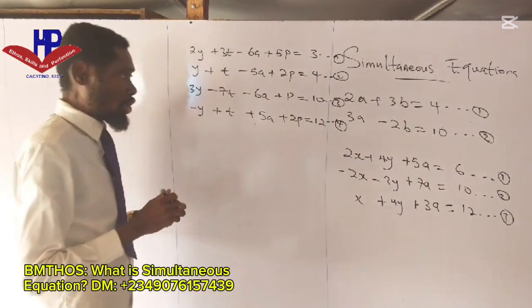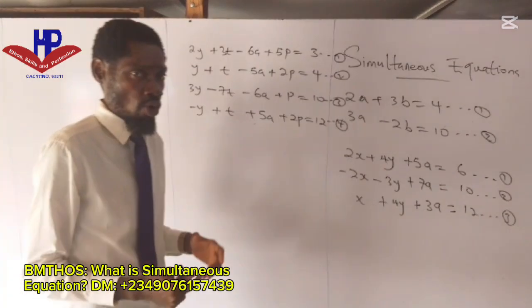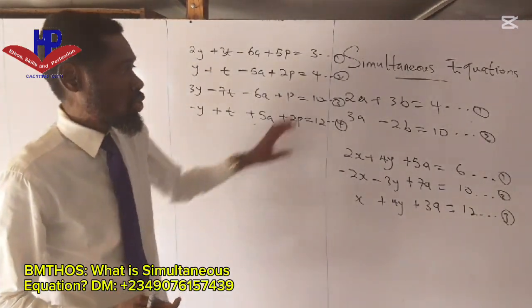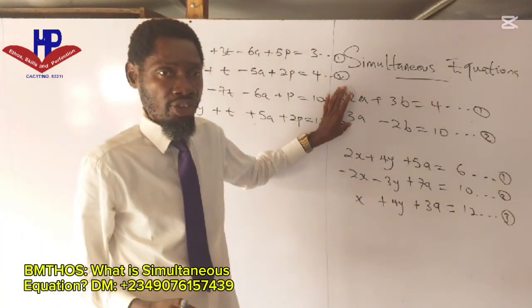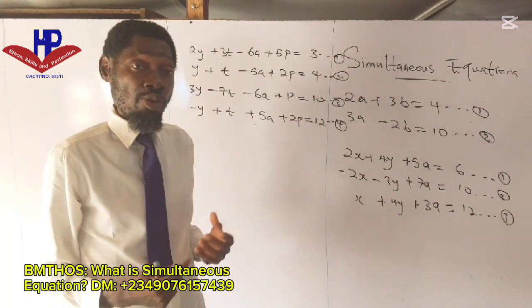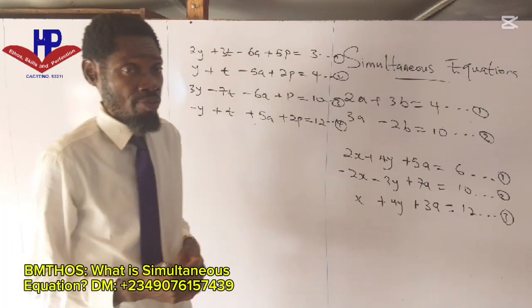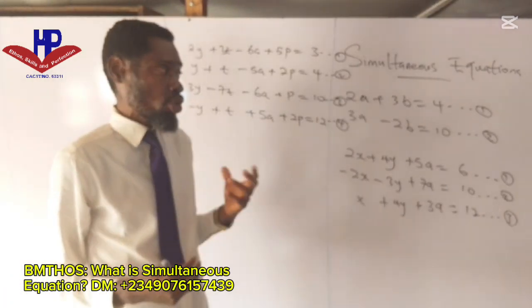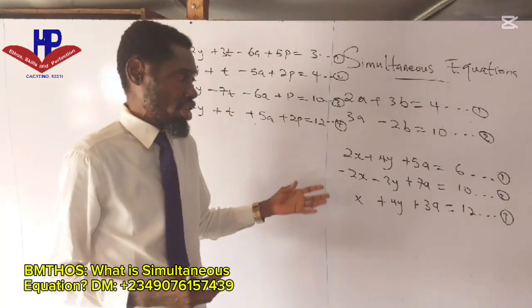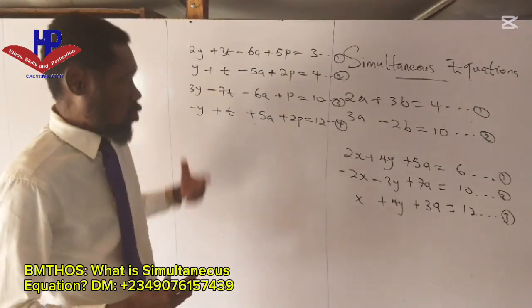So if you have the notion that simultaneous equations will always be two equations, please erase that notion right now, because simultaneous equations can be 2, 3, 4 or 5 equations.